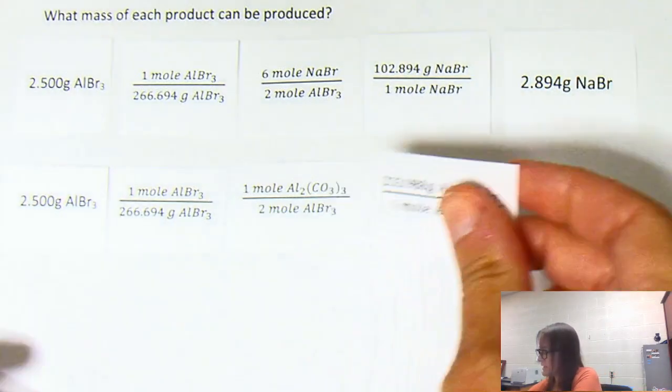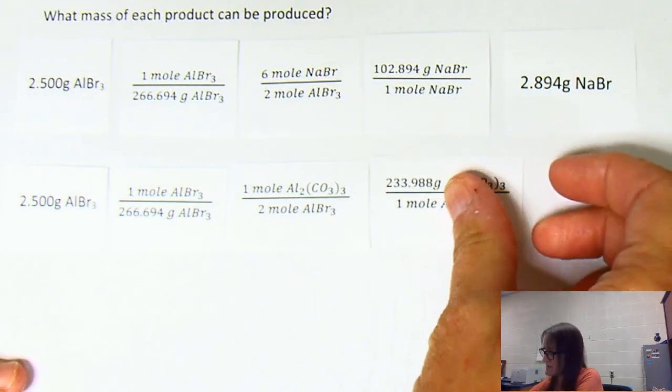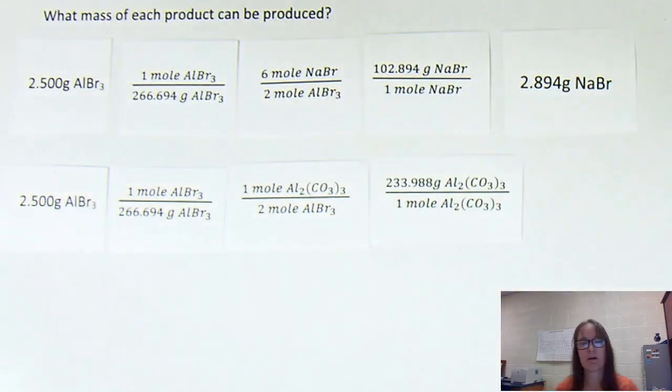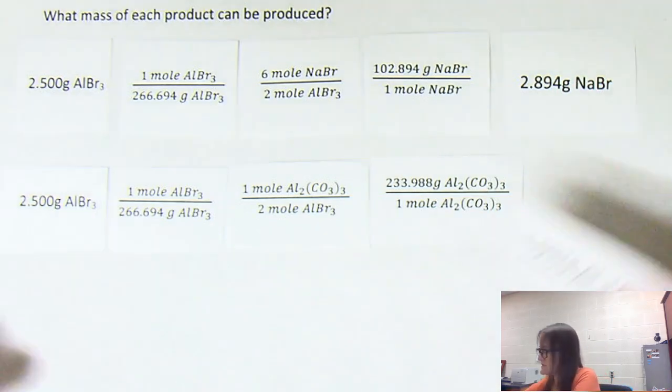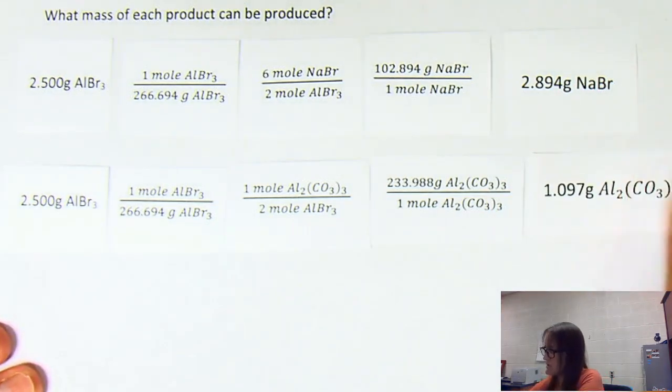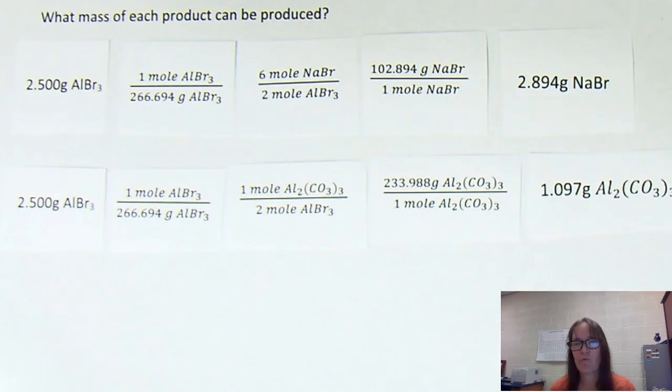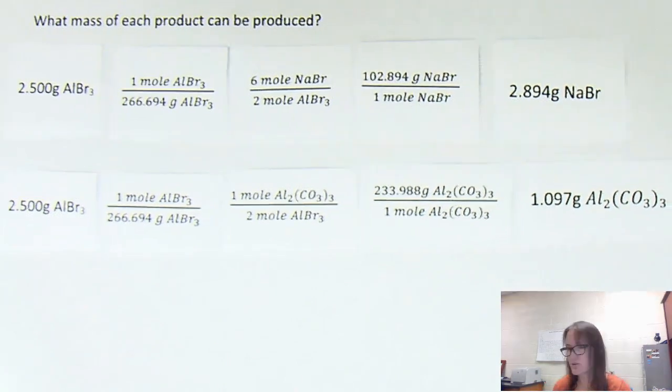We then will multiply by the molar mass to convert from moles of aluminum carbonate into grams of aluminum carbonate. When you multiply across the top and you divide by the numbers in the denominator, you end up with a mass of 1.097 grams of aluminum carbonate. So those are the two theoretical masses for each product.